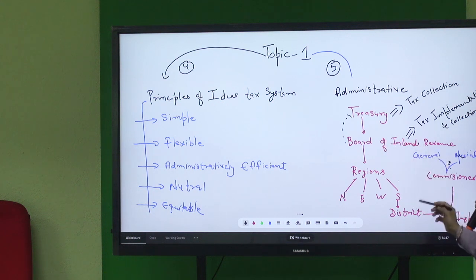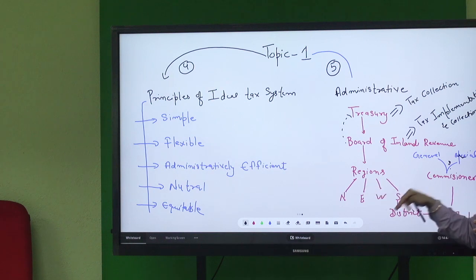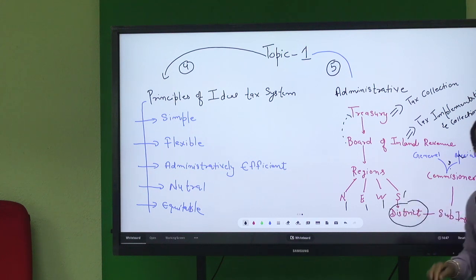Now, how does the Board of Inland Revenue implement a particular tax system within the country? The way to do that is that the country is divided into regions: north, east, west, south. Each of the regions has districts.